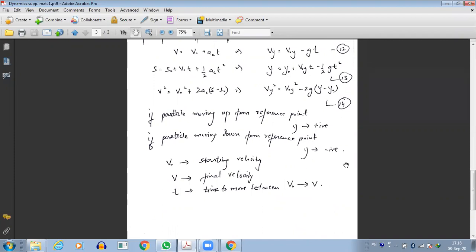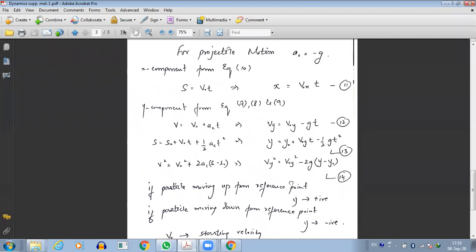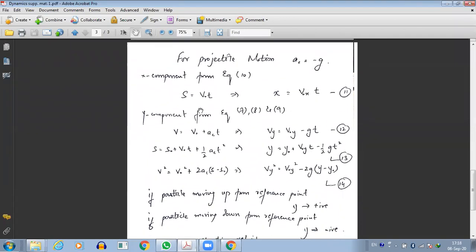Reference point means the starting point where the motion started. v naught is always the starting velocity, v is the final velocity, and t is the time to move from v naught to v. Considering all these things, we are going to start solving problems for the projectile motion, and the problem solutions will not be that difficult.